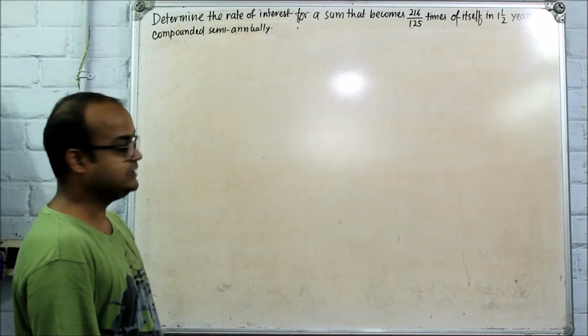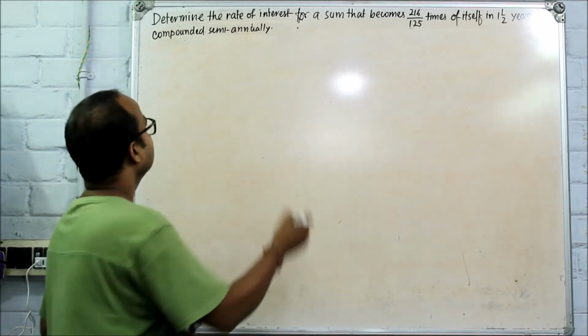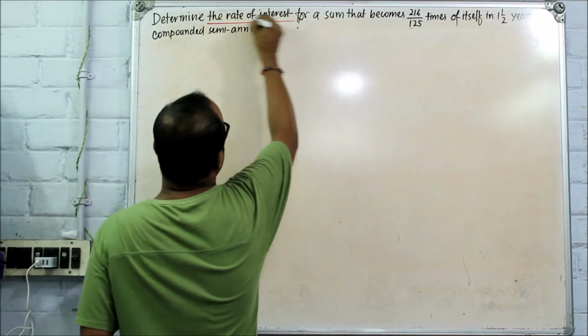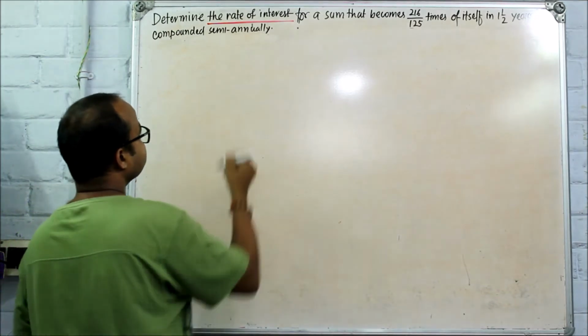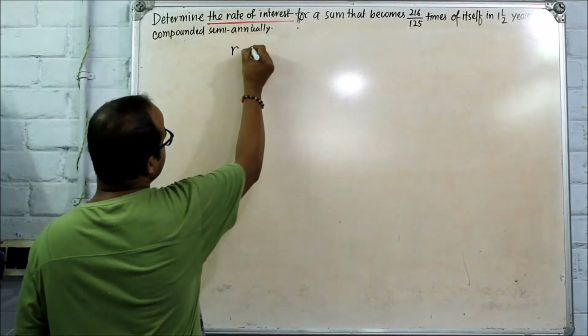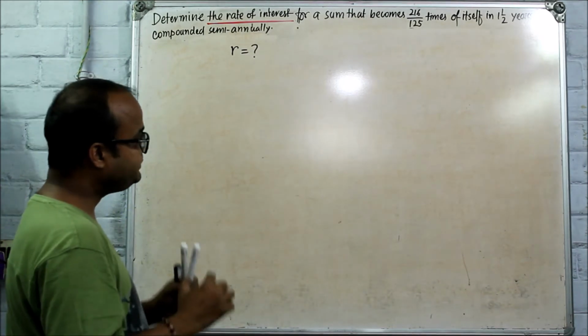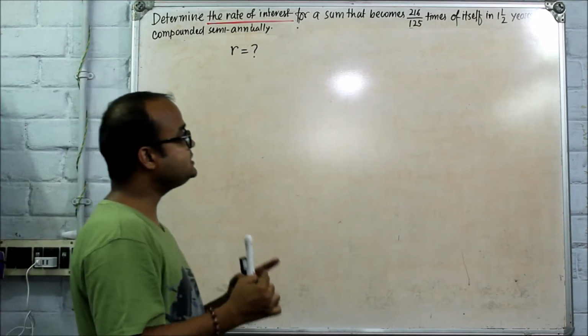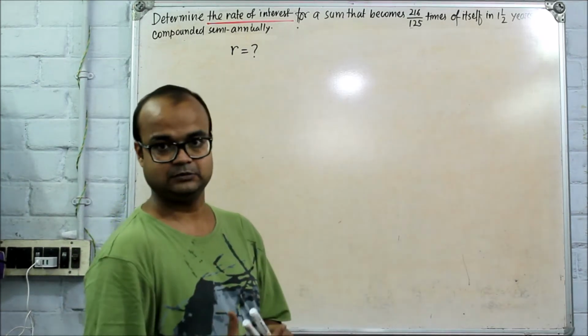Determine the rate of interest. We have to find out R. For a sum that becomes 216 by 125 times of itself.